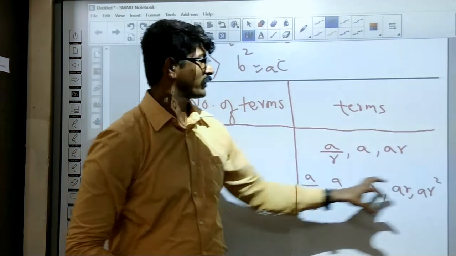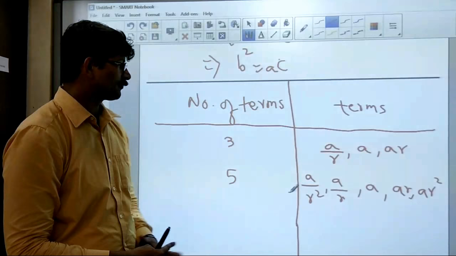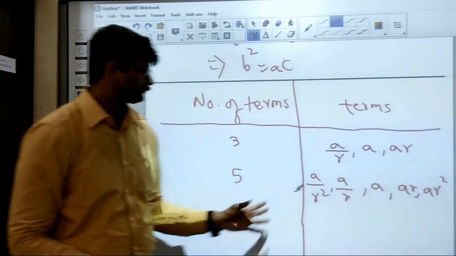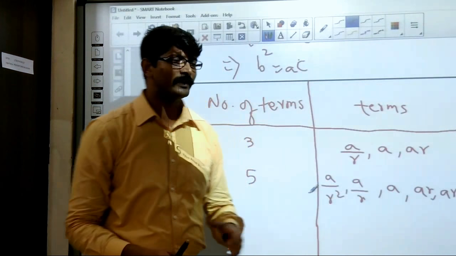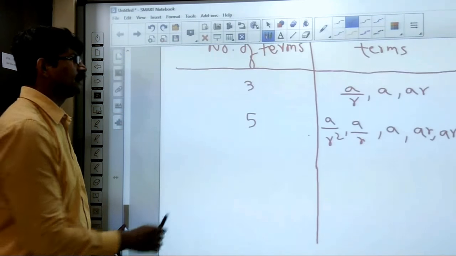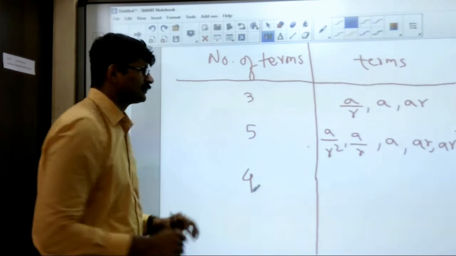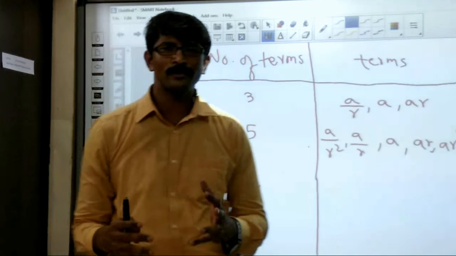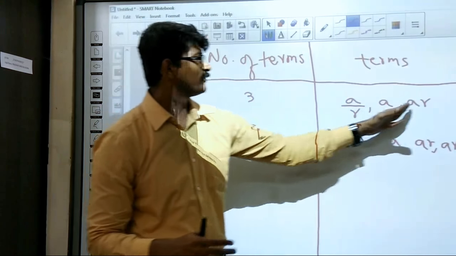Is it a geometric progression, student? Yes, it is a geometric progression. So this is how we choose our five terms. In case you were to choose any four terms, understand student, then our choices would be a little different.